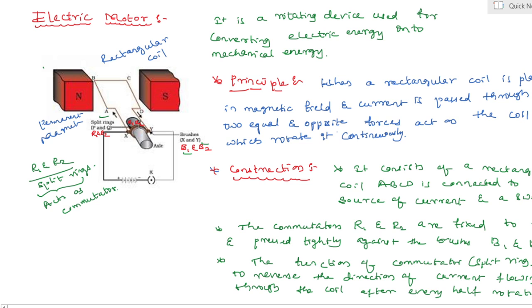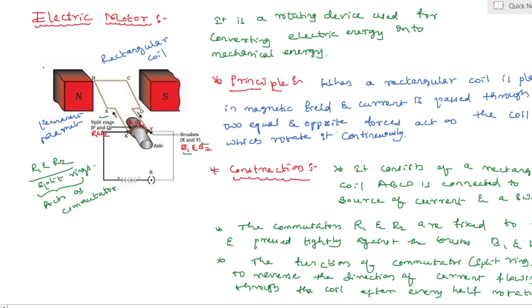Now see the working model of an electric motor. Let us see how the electric motor works. Let the coil ABCD be in a horizontal position.